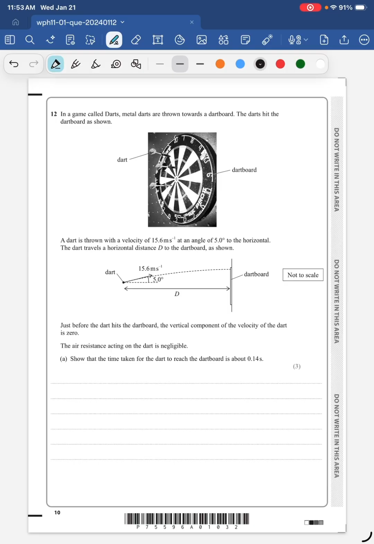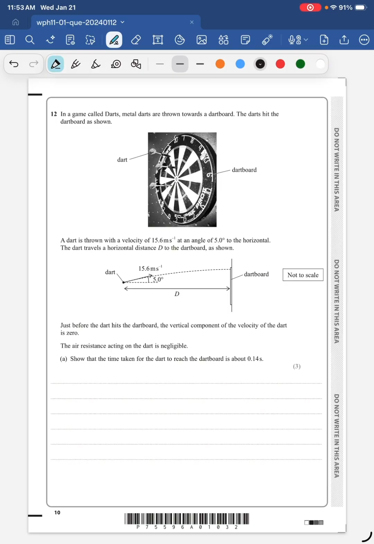Okay, so in a game called darts, metal darts are thrown towards a dartboard. The darts hit the dartboard as shown. A dart is thrown with a velocity of 15.6 meters per second at an angle of 5 degrees to the horizontal. The dart travels a horizontal distance d to the dartboard as shown.